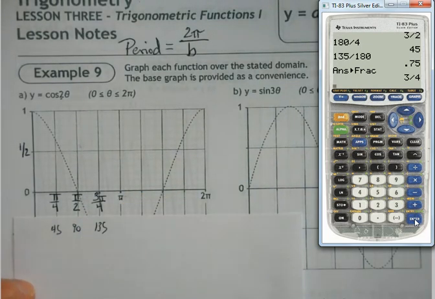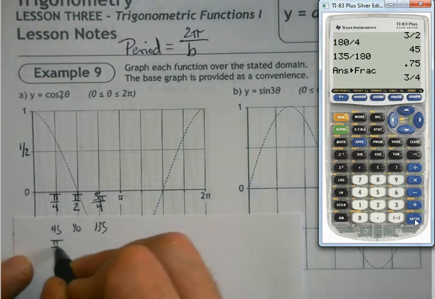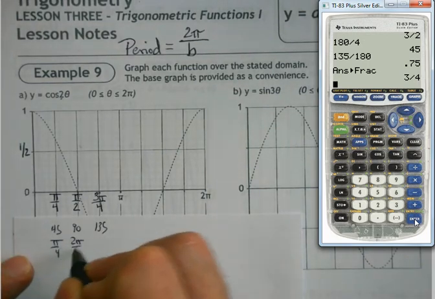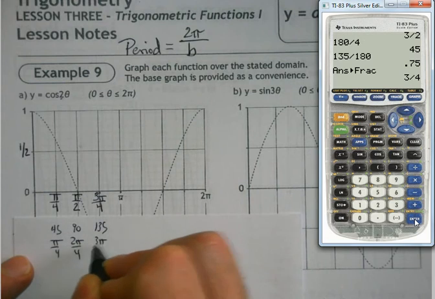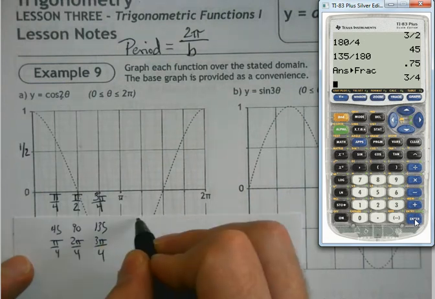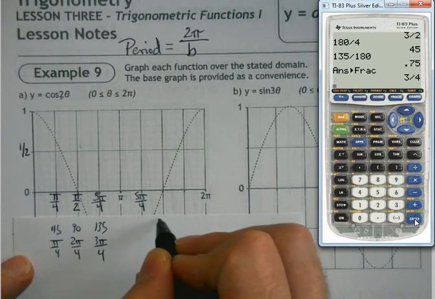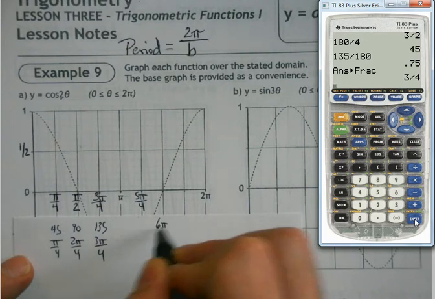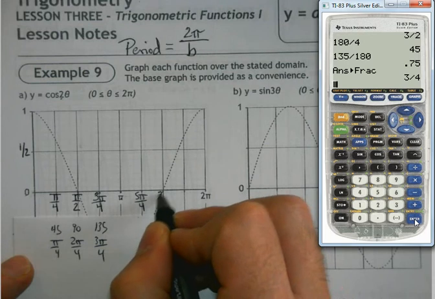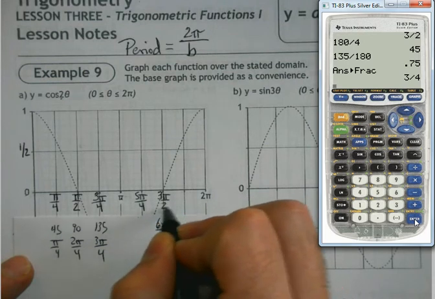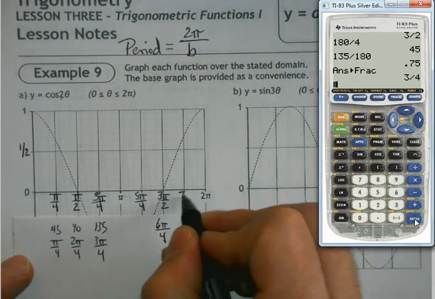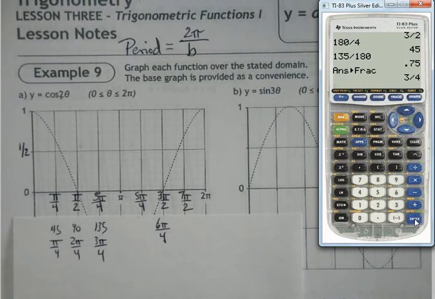And then I remind myself, oh yeah, it's pi over 4, it's 2 pi over 4, it's 3 pi over 4, that's 4 pi over 4, 5 pi over 4. Ooh, wait a minute, the next one's 6 pi over 4. Oh, I can reduce that. Each of those by 2. So that's where the 3 over 2 is coming from. And I get set.